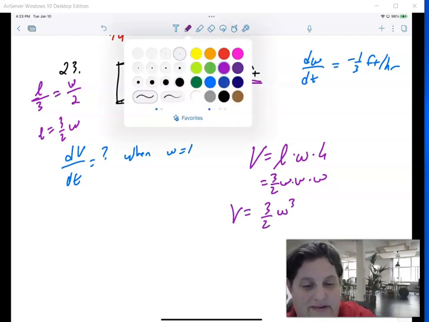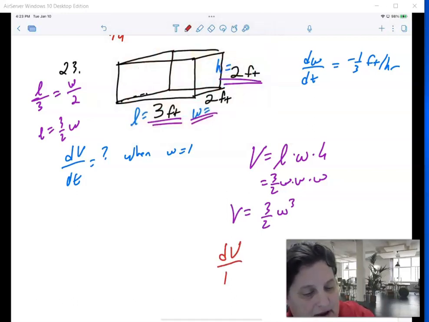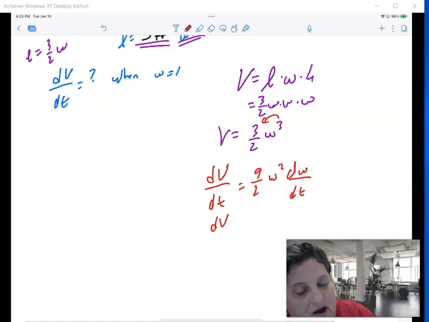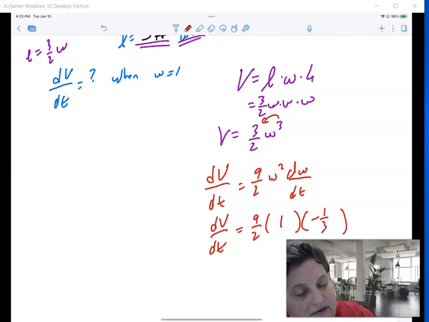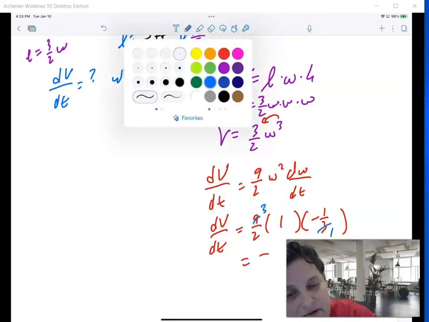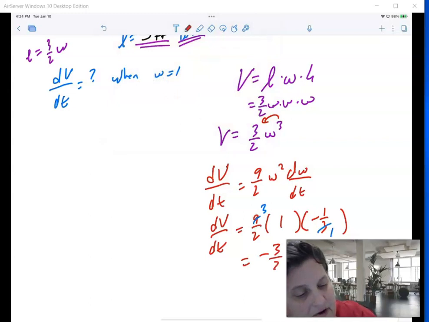Now I can take the derivative. This one's a little tricky. dV/dt equals 9 over 2 W squared dW/dt. Find this when W is 1 and dW/dt is negative 1/3. 3 goes into 9 3 times, so negative 3 over 2.